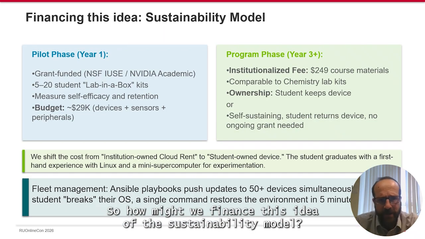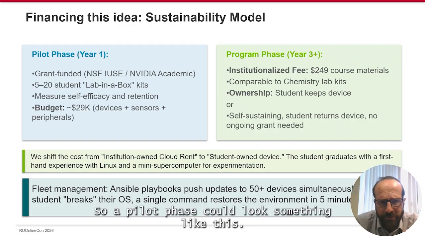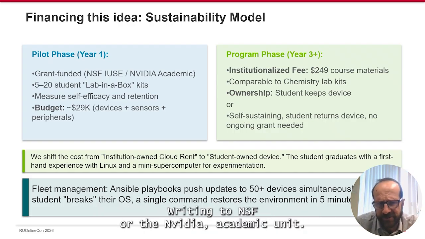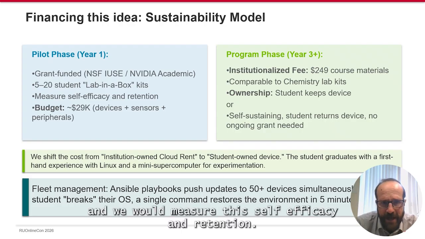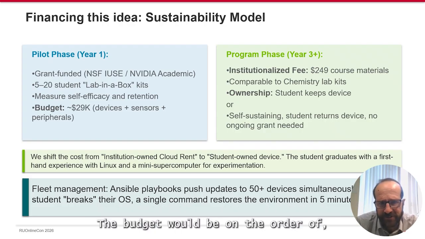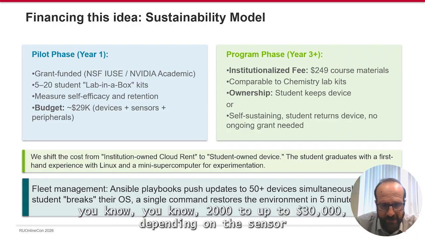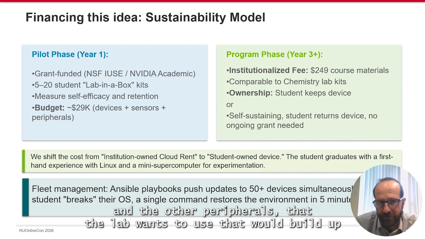So how might we finance this idea, this sustainability model? A pilot phase could look something like this, writing to NSF or the NVIDIA academic unit. And we could start small with 5 to 20 student lab-in-a-box kits, and we would measure self-efficacy and retention. The budget would be on the order of $2,000 up to $30,000, depending on the sensor and the other peripherals that the lab wants to use.